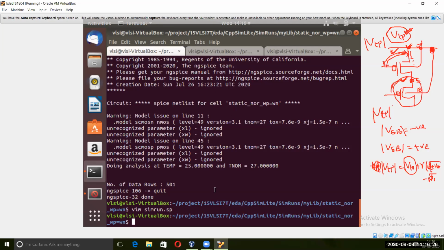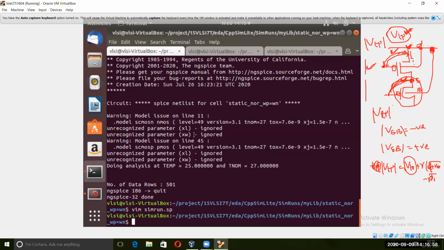So increase means this voltage is decided. Suppose this is constant, this voltage is constant, so that means it's on. But when you are increasing this voltage, please follow, this is some tricky thing.